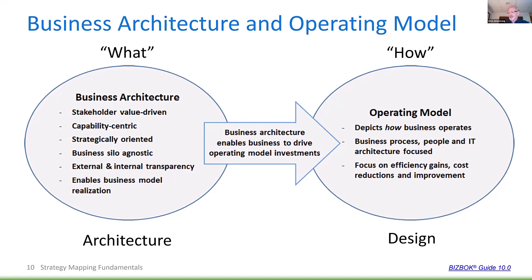But in order to stay out of the gory details, which often vary across different product lines and business units across the organization, where there may be a lot of variability, business architecture is trying to suppress that and create a larger perspective. And a big part of business architecture is that it's more strategically oriented as opposed to the operating model, which is more tactical. Again, we want this to be independent of different product lines and different silos across the business.